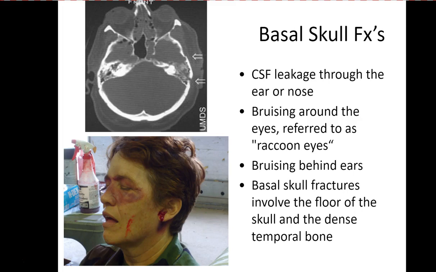And remember, basal skull fractures involve the floor of the skull and the dense temporal bone. Again, if you used a lateral X-ray beam, you could notice air fluid levels in that sphenoid sinus. And here on the CT scan, you can see there is a break or a fracture in the temporal bone here and here.